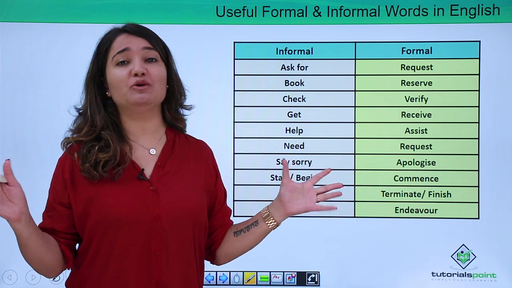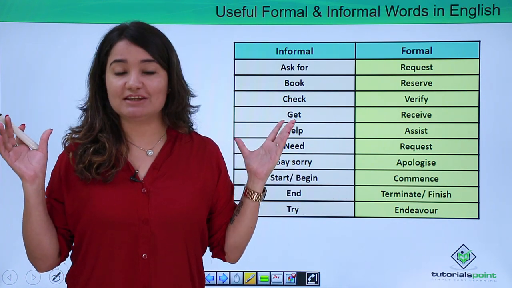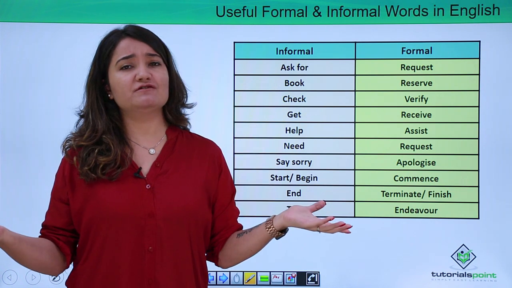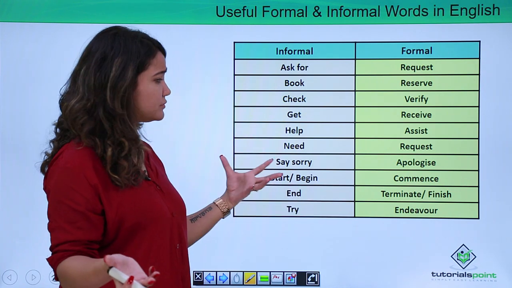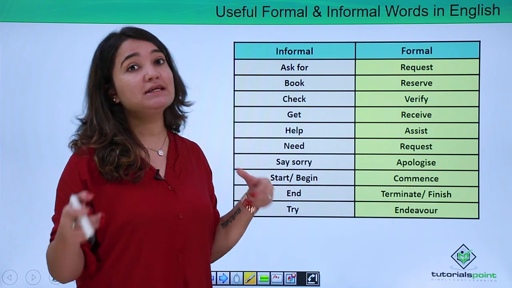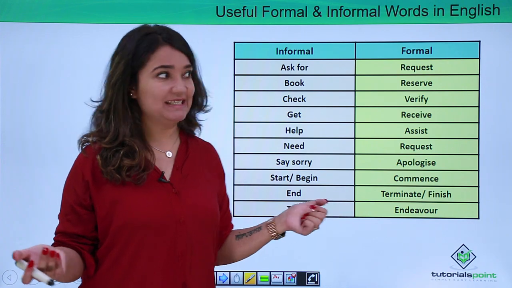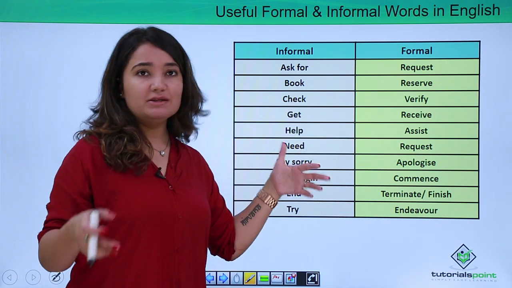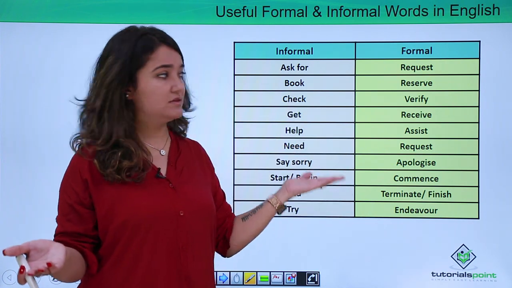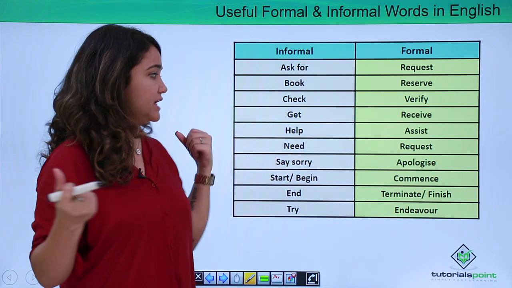My God, don't we all need to apologize, especially most of the times in our office environment if something goes wrong. So yes, you could say sorry if you're in an informal environment, and if you're in a formal environment, well, you might want to apologize instead. Of course, apologize, as we've just gone through it, is a better formal way of saying sorry.